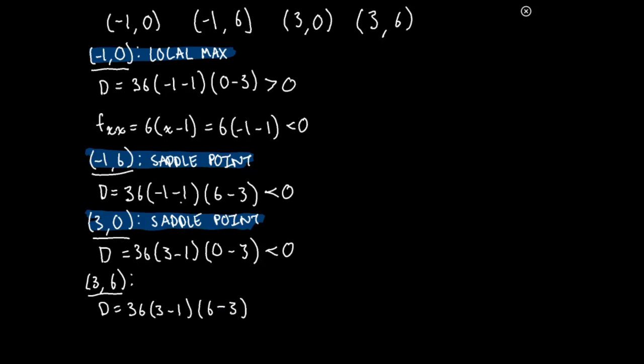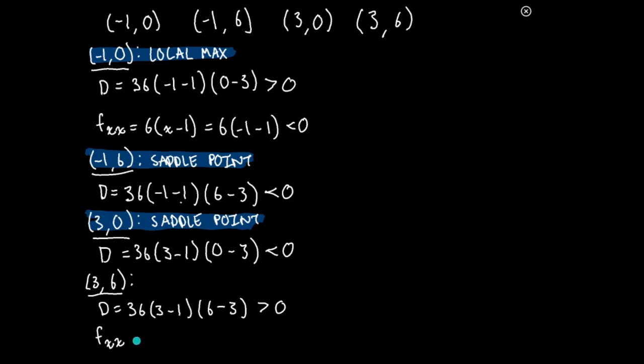Okay. And this is going to be a positive value on both of these, right? So positive times a positive times a positive is a positive, which comes out to being greater than 0, sorry.